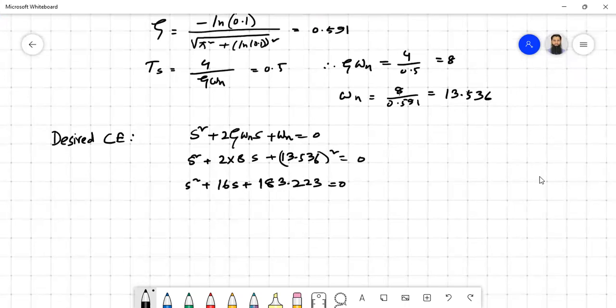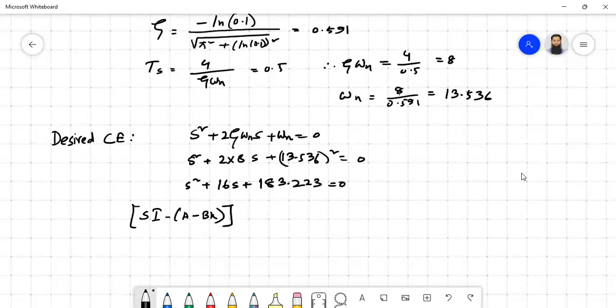Whether you have noticed or not, the design is relatively simpler, but the comprehension is a bit complicated. Since the plant is represented in the phase variable form, we can easily write our desired characteristic equation based on the determinant of sI minus A minus BK.